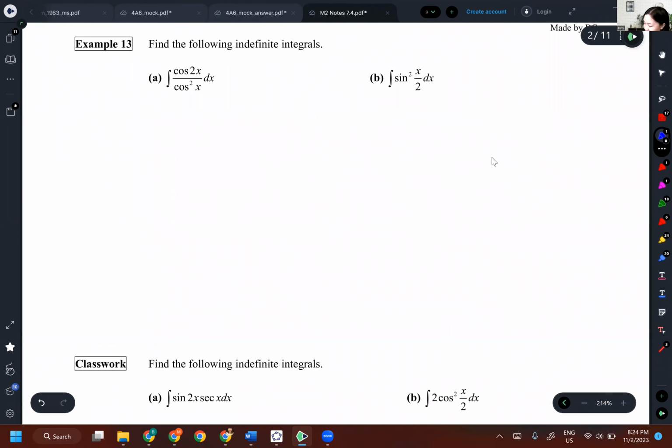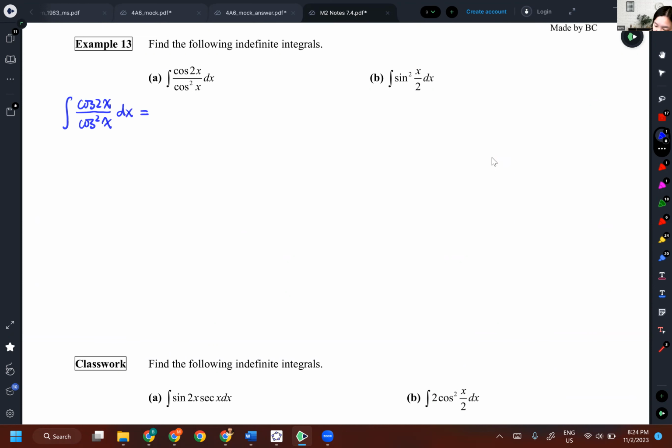Second example. This one I'm not even sure I can do, but I'll try. Cosine 2x, in my mind, should be changed to 2 cosine x squared minus 1.